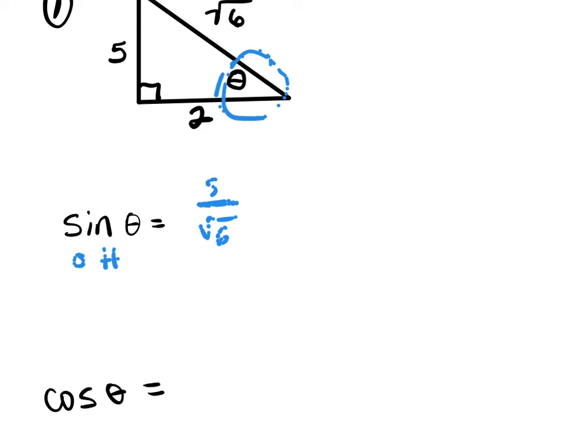We multiply the top and bottom by square root 6. So square root 6 times square root 6. So what does the top become? 5 times square root of 6 over 6. So this is our answer for sine.